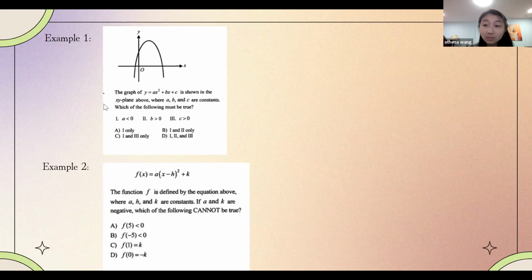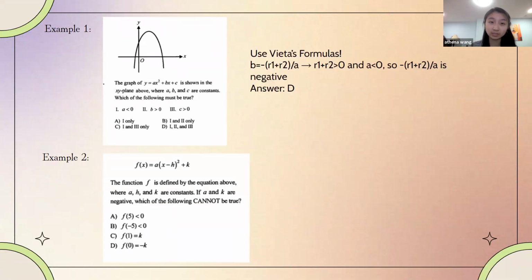Okay, I will go over the first example first. I did not see anyone who gave me an answer, but for this one, we looked at our graphs before. We know kind of how they work, and so we can see that we can use Vieta's formulas for this. Okay, so we see 2 roots.